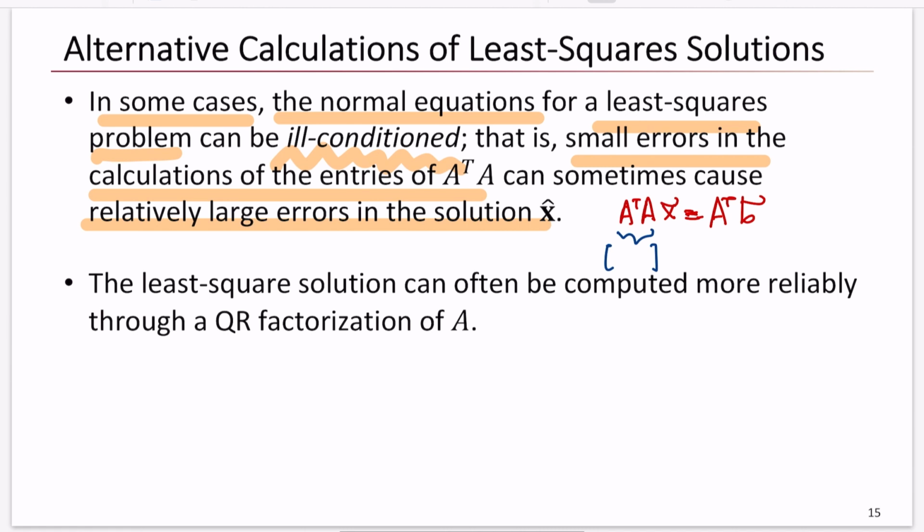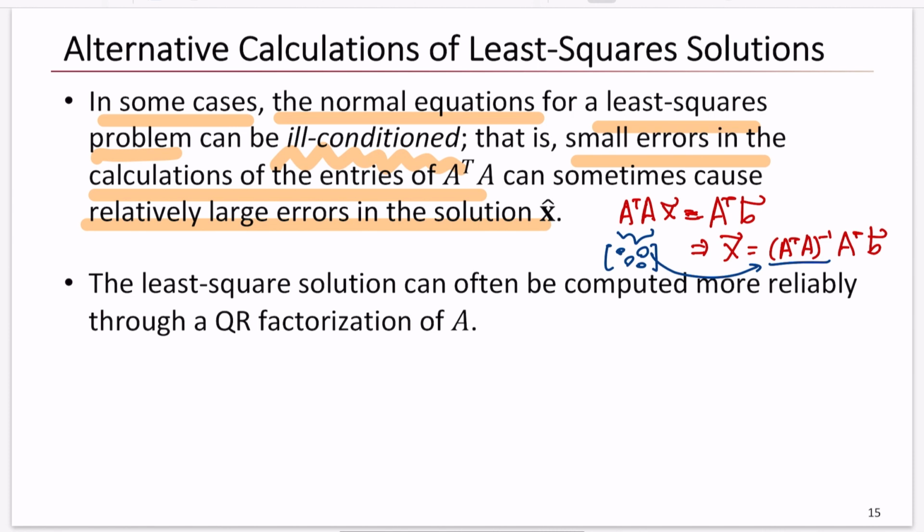So when some matrix value contains some error and you compute the inverse of this matrix, some error can be magnified or boosted in the inverse of this matrix. So it's not usually appropriate, right?